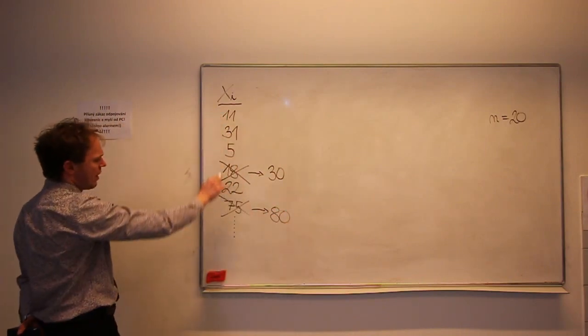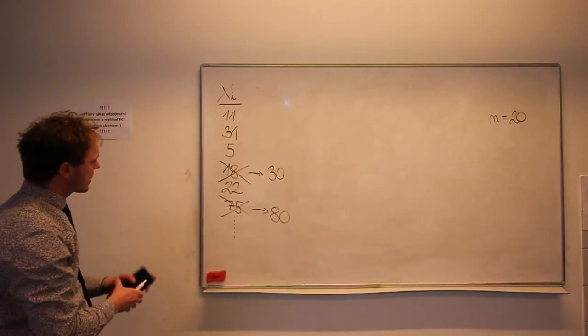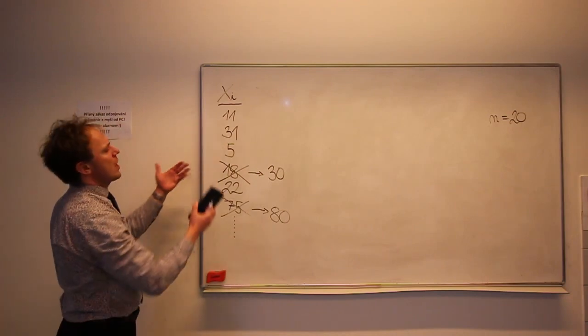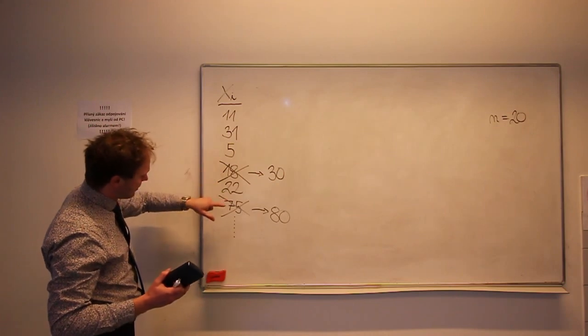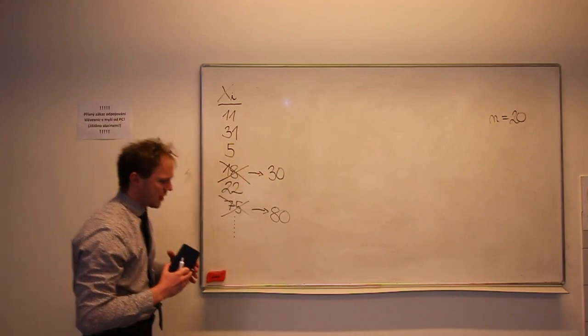So I have here 20 values, 18 values are set correctly, and we know that instead of this value and this value should be something else.